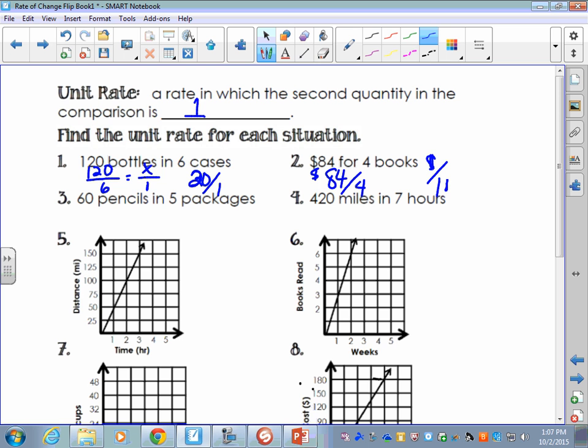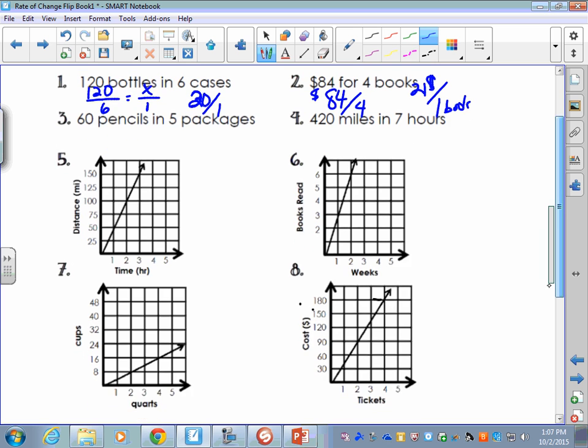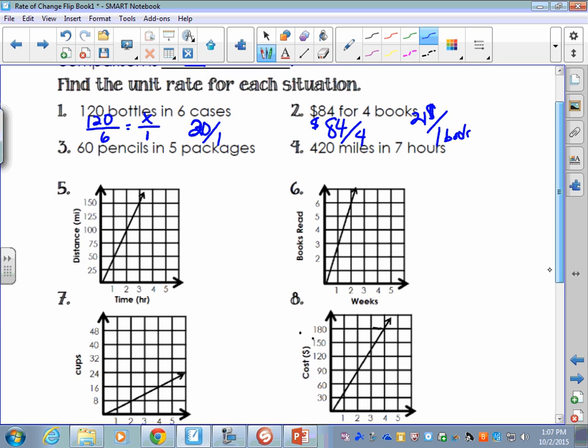What's the cost for 1 book? 21. Yeah, I wanted to find the cost for one, so I just divided to figure out how much one book would cost.